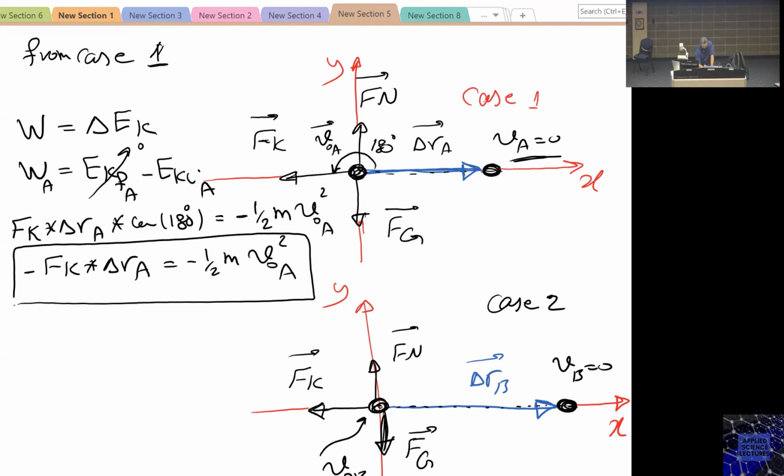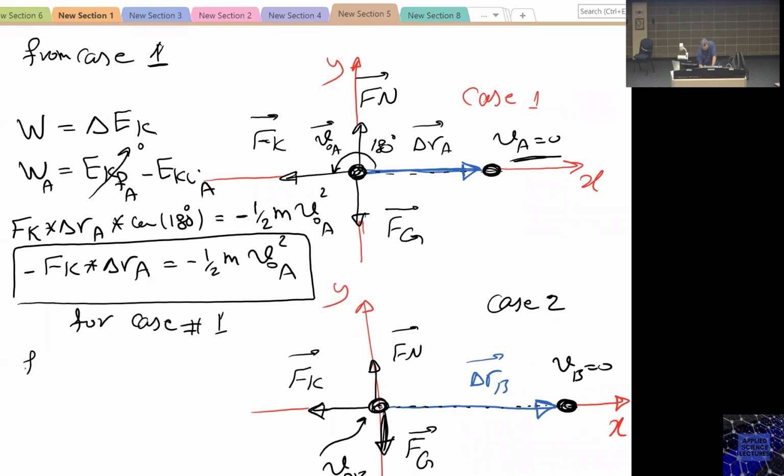So what are you expecting case number 2 to be? Cosine 180 is minus 1. So this is for case number 1. What are you expecting case number 2 to be? The same. So this is case number 1.